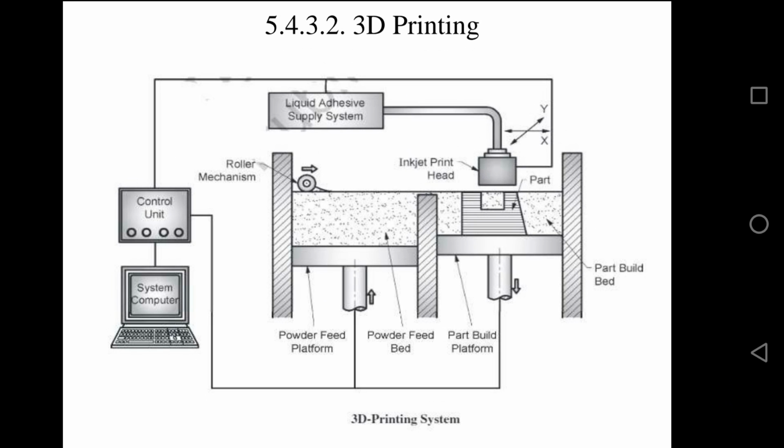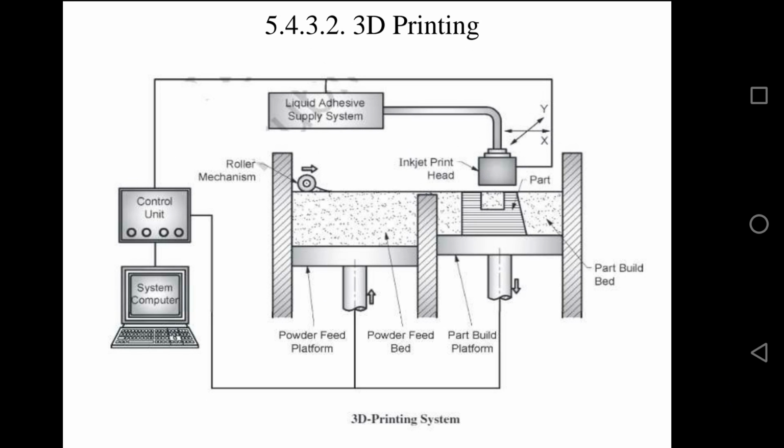You have seen selective laser sintering; it is quite similar to that. The difference is that in 3D printing, liquid adhesive binder is used to bind the powder material instead of using a laser to sinter it. We just use adhesive binder.